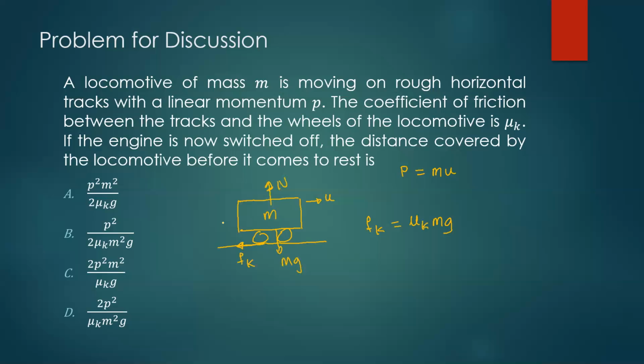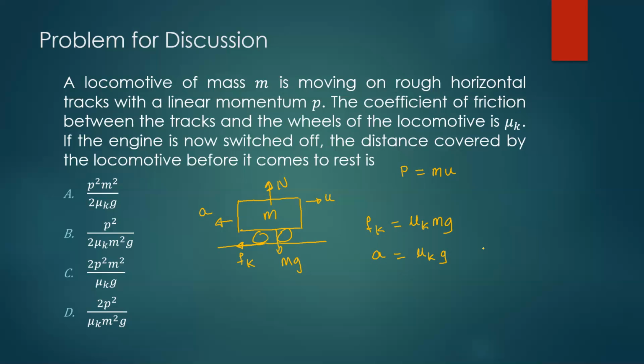So the acceleration in the backward direction, a, would be friction force divided by mass, which is mu k g. Now here we are asked to find the distance covered by the locomotive before it stops.